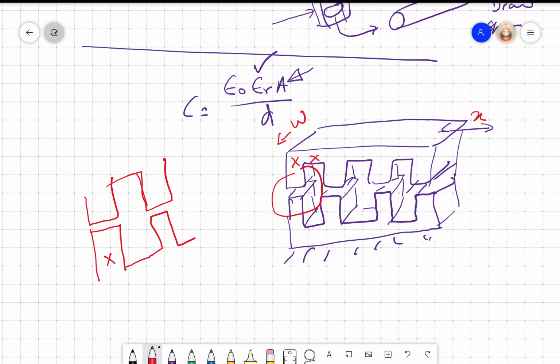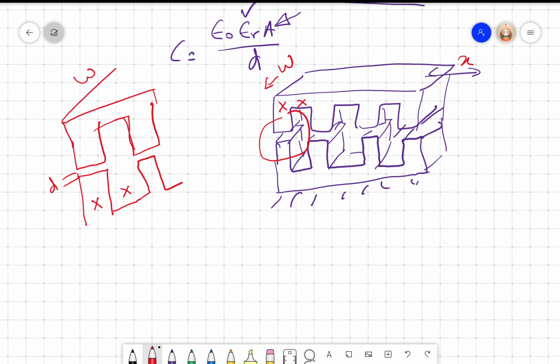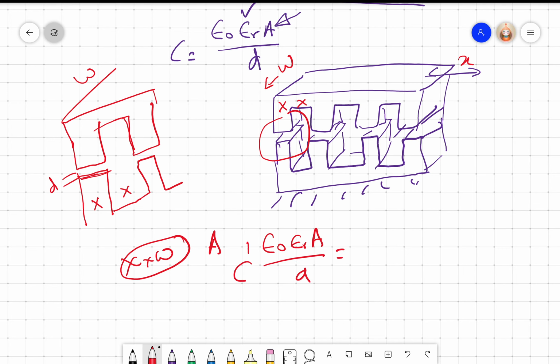So this, we already said, this is x, this is x, this is, let's say, a small displacement d, and this is w, right? So if I look at each, this one is x, so the depth is w, x into w will be the area of the capacitance, right? The capacitance per teeth would be epsilon naught epsilon r A by d. So that would be the capacitance per teeth, one teeth, right?